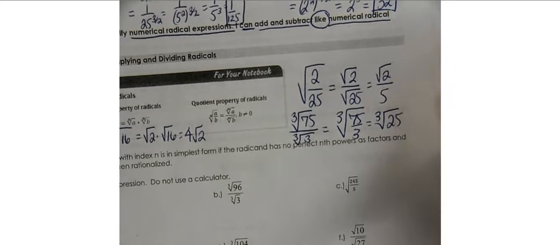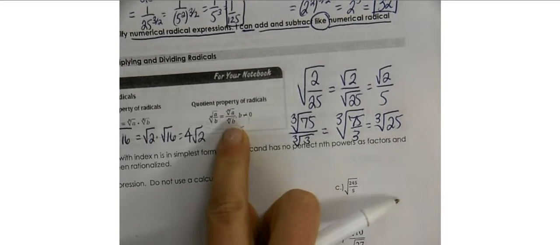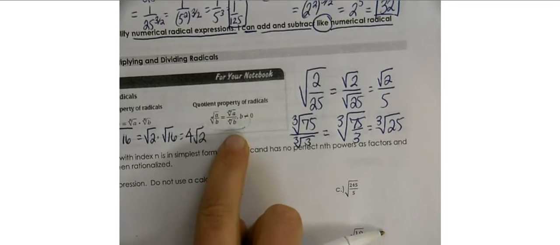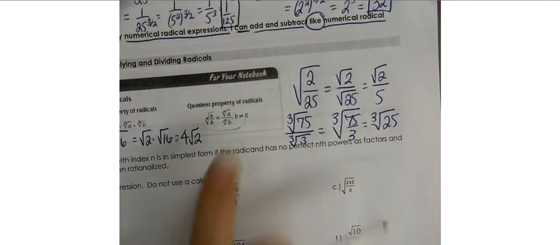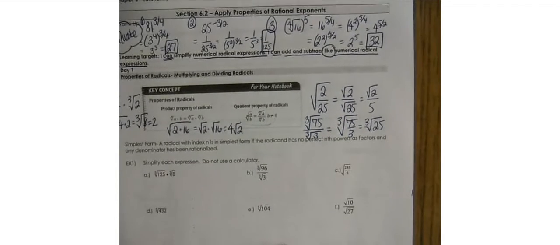Now, as you can see here, we're working with roots that could potentially be in our denominator. So that might mean that we have to rationalize the denominator. That might be something that we have to do in these problems. Our goal is to make sure that we rewrite these expressions in simplest form. So what does simplest form look like? Well, it means that it's a radical with an index of n.